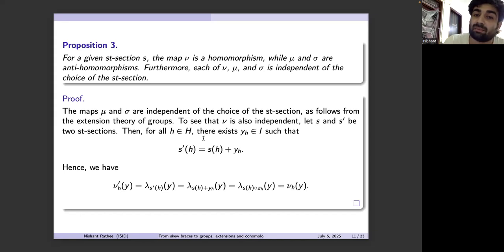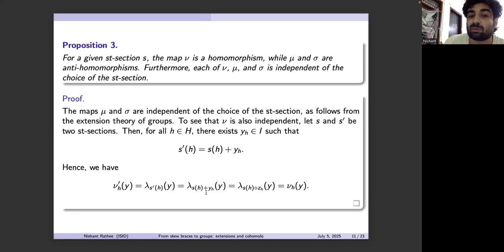To see that the map nu is independent, let S and S dash be two sections. Then for all h in H, we know that two sections differ by an element of I. So you can write S dash h to be S h plus y h. Then let nu dash h be the action corresponding to S dash h. Then nu dash h is equal to lambda of S h plus y h.